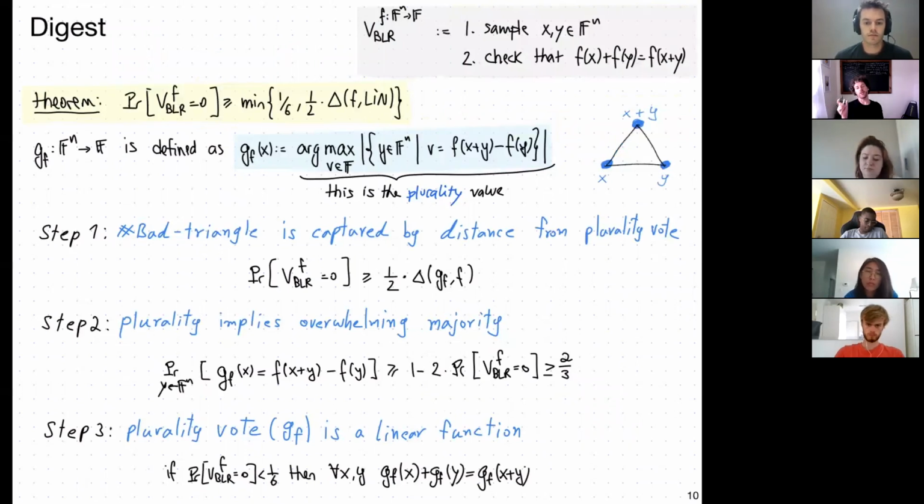Linear functions form this code called Hadamard, and you can take any message and encode it using the Hadamard codeword. Now suppose somebody gives you something claimed to be a Hadamard codeword, and you want to know whether it is a true codeword or epsilon-far from being one. You can run this exact test to deal with that.